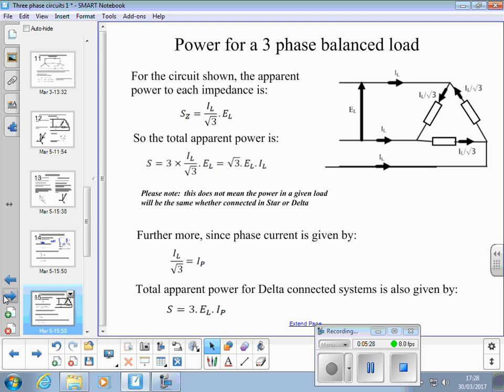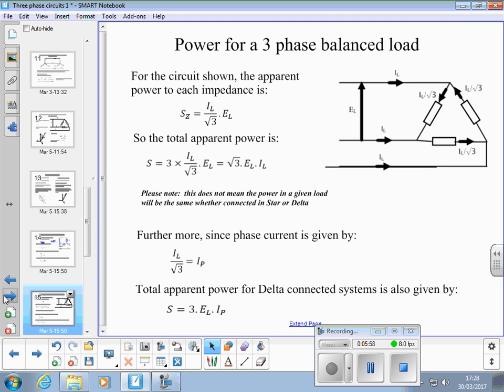And again, bit of substituting in. Each of them are the same situation because they're balanced. So again, we end up with, down the bottom, the total apparent power is 3 times the line voltage times the phase current.